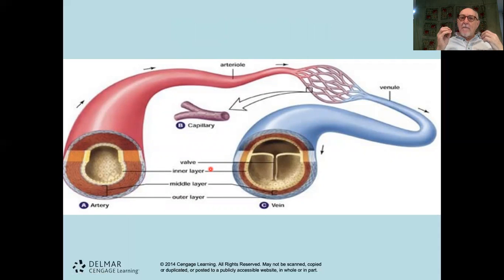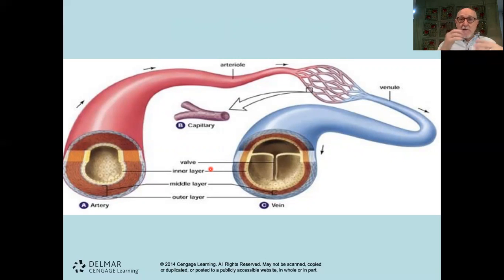Now, the arteries originate in the heart, and their destiny is to the periphery of the body. So the arteries have a direction. The blood flow is from the heart down the artery and away. Veins, on the other hand, gather blood and return it to the heart.